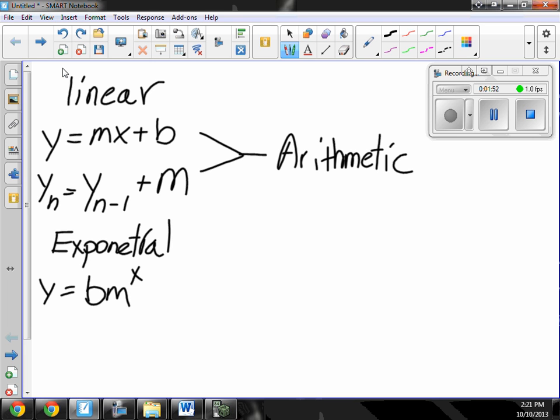The recursive model was y sub n equals y sub n minus 1 multiplied by m. So if you multiply last year by a constant, it's an exponential equation. Okay? Exponential equations translate into sequences. What are they called? Geometric.